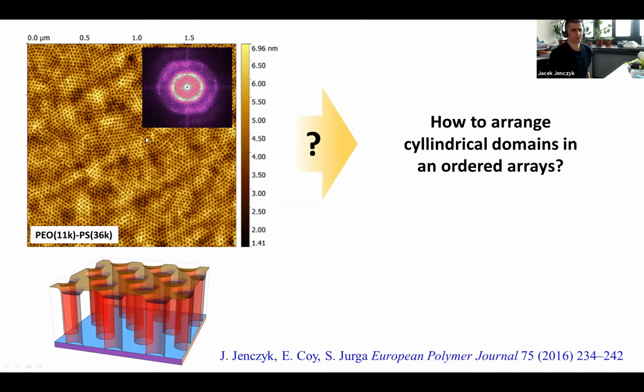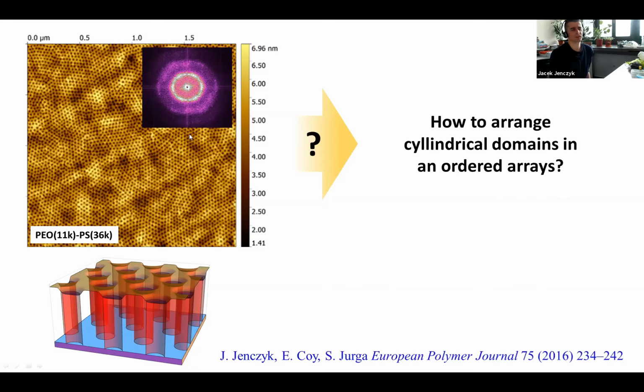And as you can see, we end up with a polystyrene matrix and some cylindrical polyethylene oxide domains. And locally, as we expected, we may distinguish easily this hexagonal pattern.